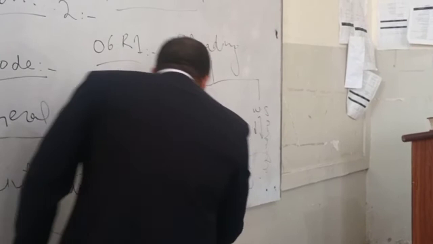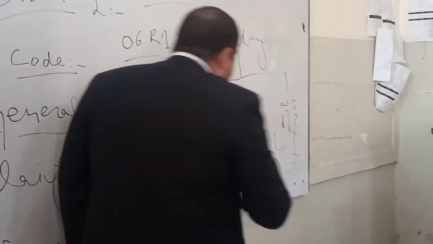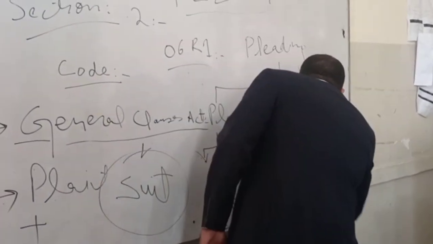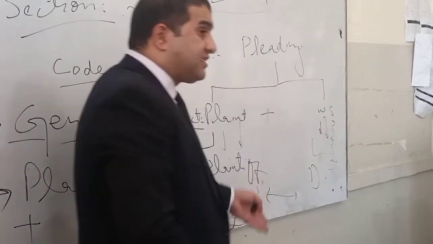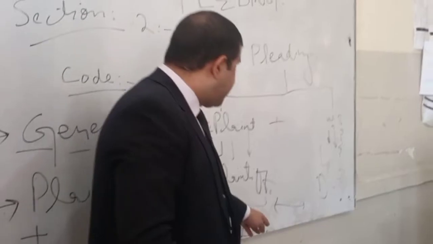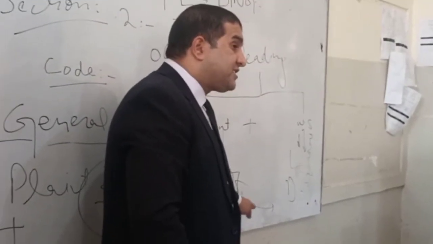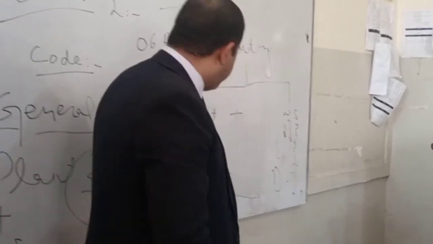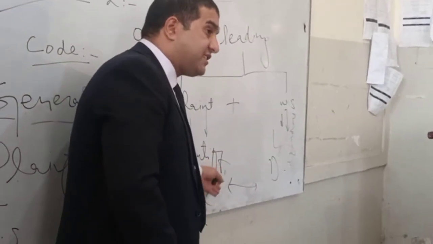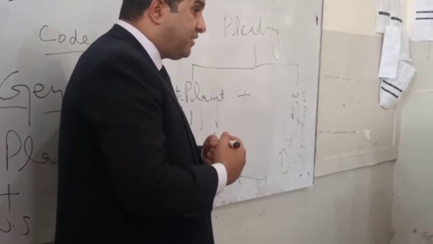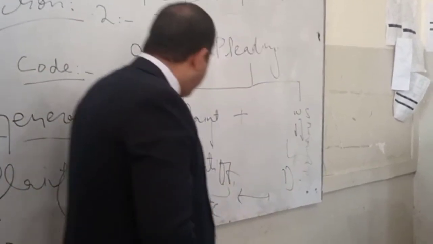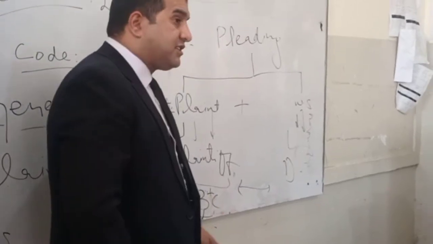For example, two persons, A and B, say that the property which is in the possession of the defendant is our property, whereas C says no, that some portion of this property belongs to D, whereas the rest of the portions belong to A and B, and he is the tenant. C says that I am the tenant, D has also right in this property and A and B have also right in this property.